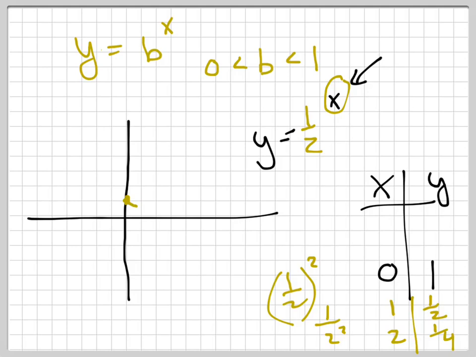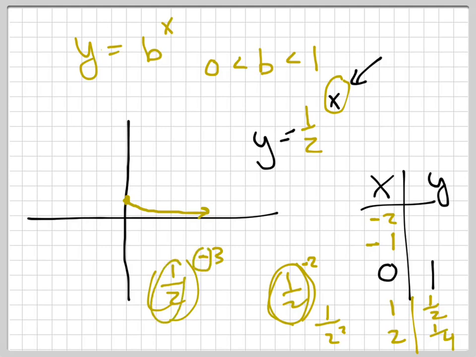It's going to approach 0. And what's the opposite side going to do? What's 1/2 to the negative 3, for example? Remember what this negative does? It flips the inside and it becomes 2 to the 3rd, which is 8.